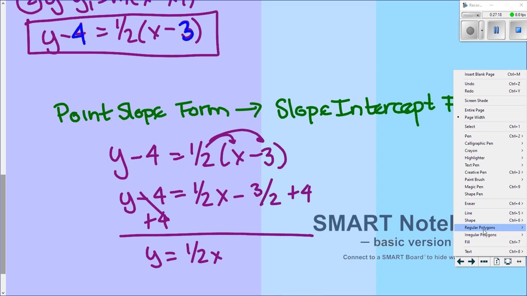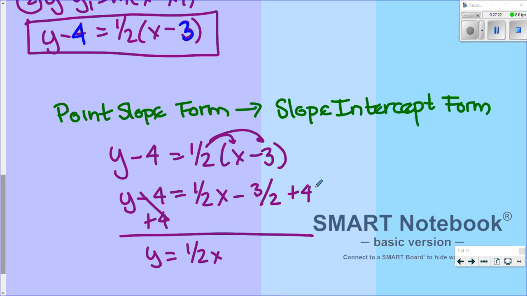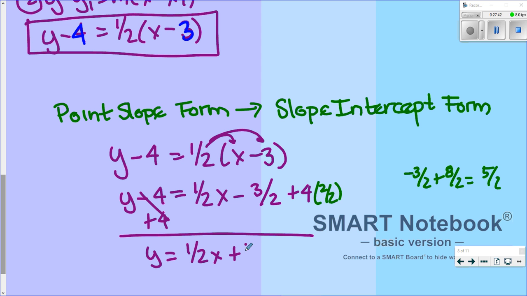And then if you use another color to do that, so then it's 2 over 2. And then if you were to continue, that one would be 8 over 2, and this will give you 5 over 2. Make sure I paid attention to the sign. Yep, the sign's correct. And then that would give us plus 5 over 2.